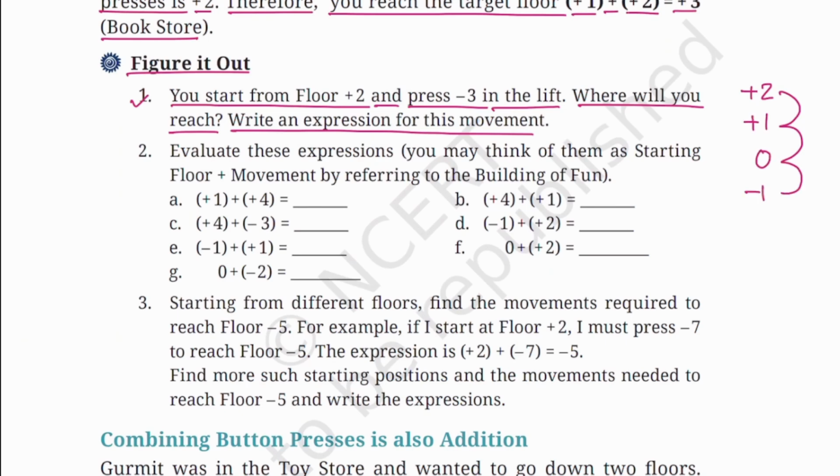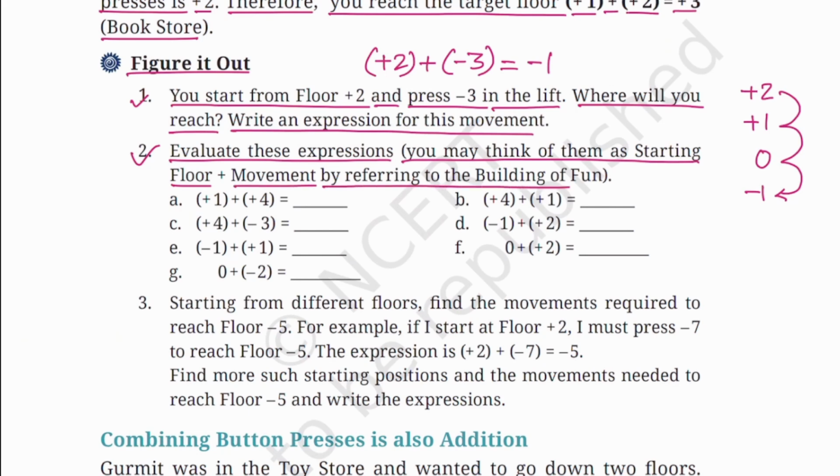You will reach floor minus 1. The expression for this will be plus 2 plus minus 3 is equal to minus 1. To evaluate these expressions, you may think of them as starting floor plus movement by referring to the building of fun.